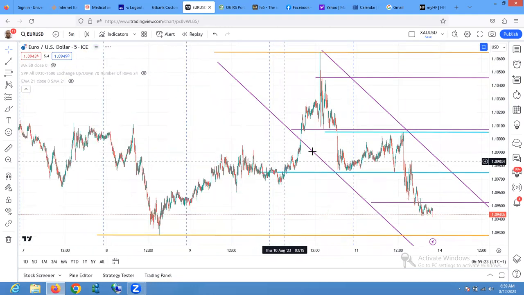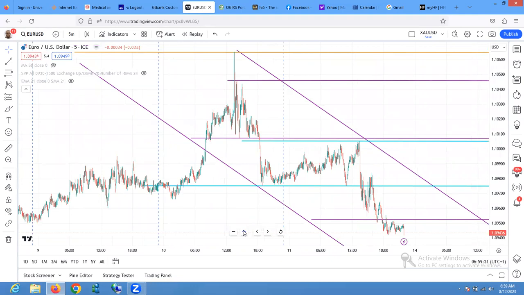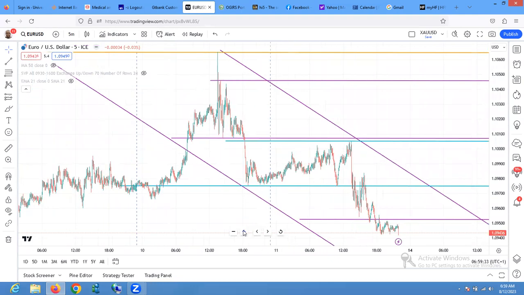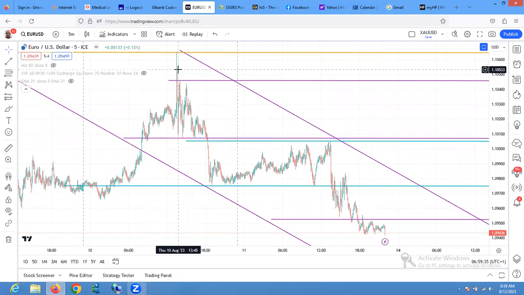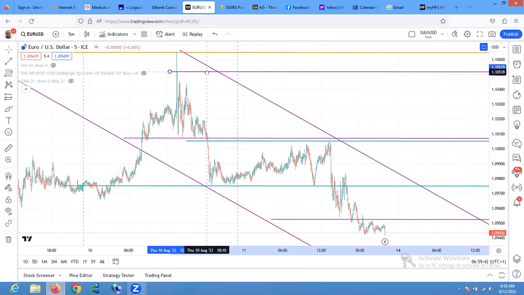Now, this is what I just said. Inside of 5 minutes, I'm just breaking this thing down. So we see this move, the push to the downside, and this is actually the first correction.